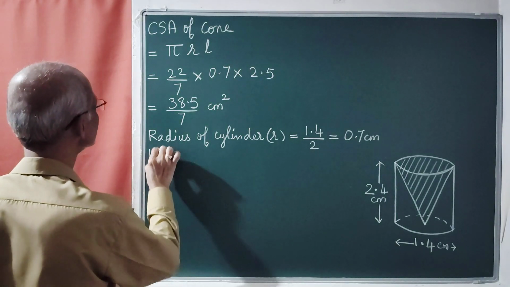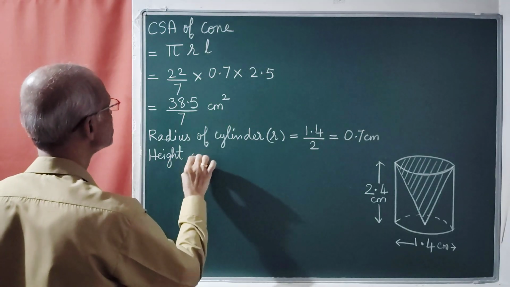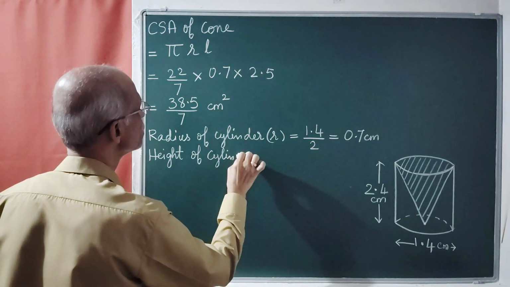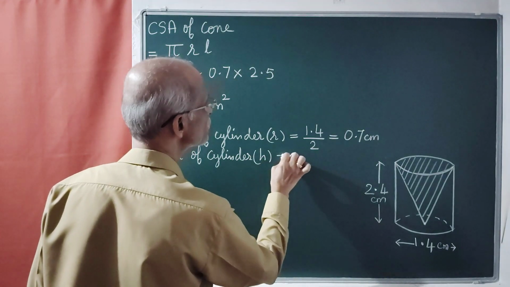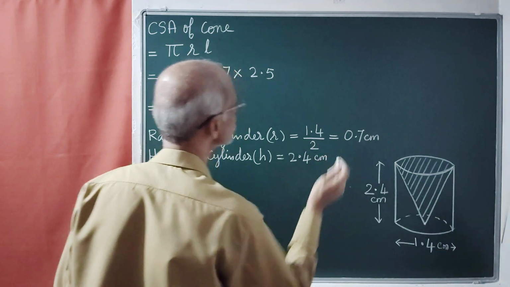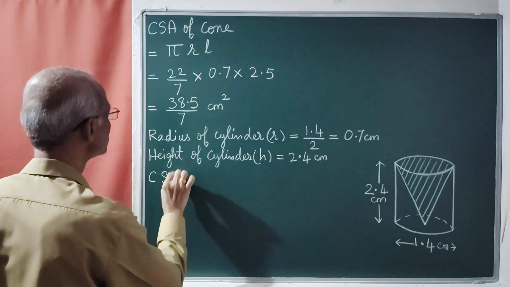Height of cylinder H equal to 2.4 centimeters.